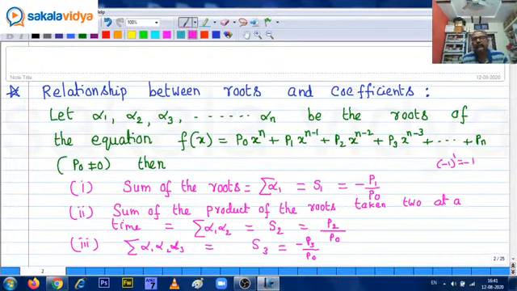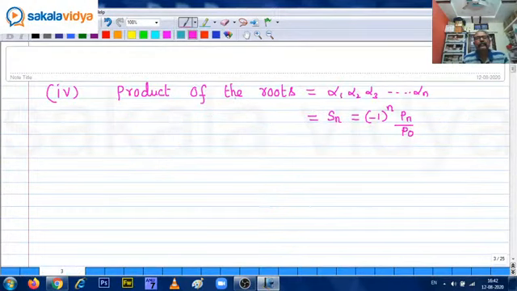S2 is minus 1 squared, positive. S3 is minus 1 whole cube, which is minus. So that's why we need to write like this. Product of the roots is alpha 1 into alpha 2 into alpha 3 and so on up to alpha n, which is Sn, equal to minus 1 to the power of n, Pn upon P0.